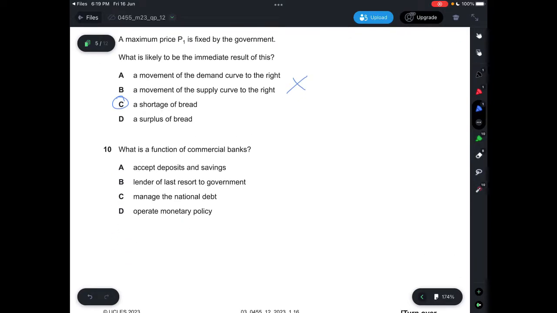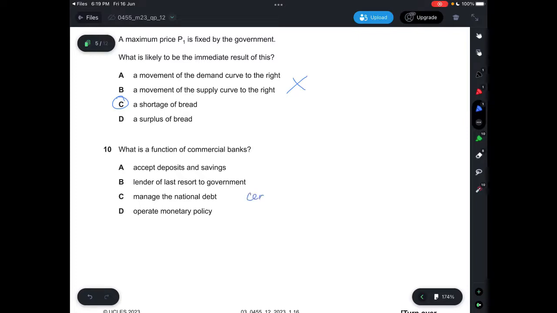Number 10, what is a function of commercial banks? So the commercial bank's function would be for a person to save money. So you can see that B, C, and D are basically the functions of a central bank.